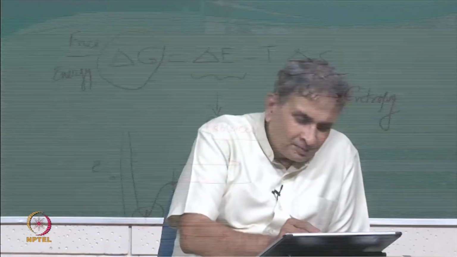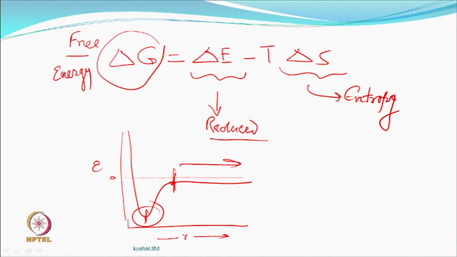For formation of a bond, the distance must be less than a certain value. If this is less than, let us say in this case this, then automatically they will reduce the distance and come closer, if this is the distance between the molecules or atoms, right. So, this is the general principle which will happen.